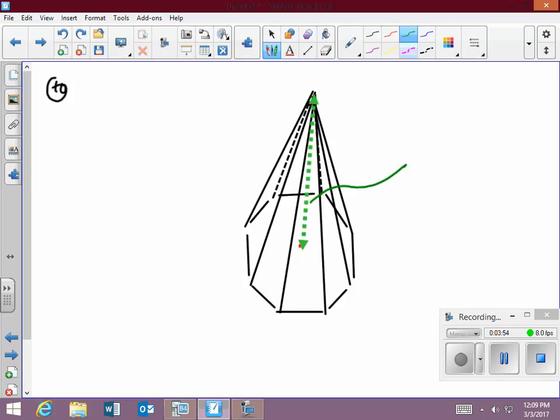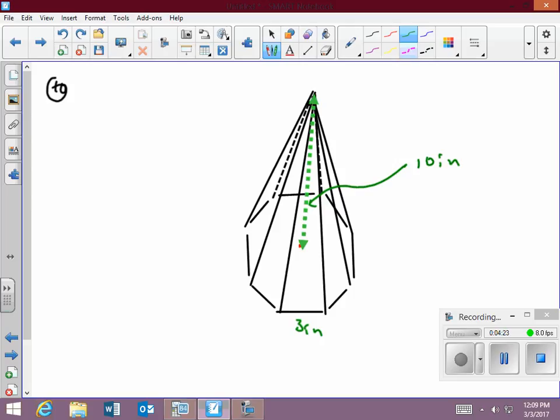This height right there is 10, in inches. And then each one of these is 3 inches. And they want to know the surface area.